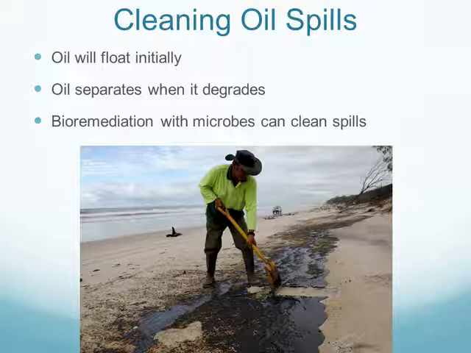But the three main ones would be diesel, which is the heaviest. Then it breaks down into gasoline, like car gasoline, the gas that you put in your car, which is a little bit lighter than diesel. And then you have jet fuel. So those are the three different types of materials that you can get from crude oil when it separates into these different layers as it degrades.